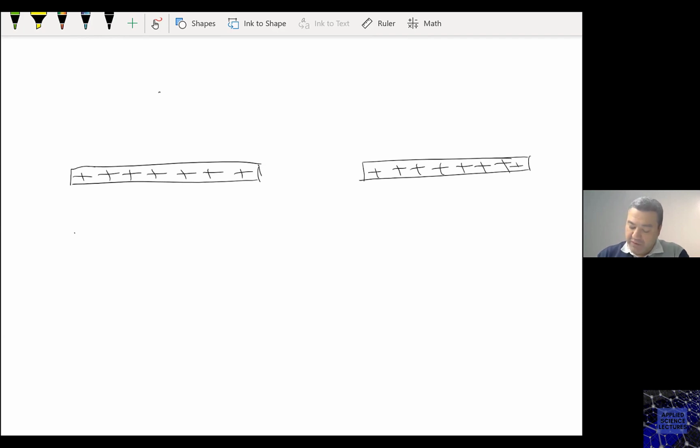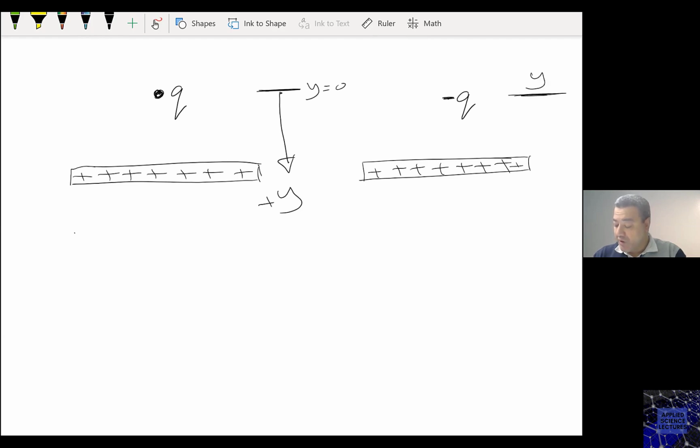And I have a positive charge here, positive Q, and I have a negative charge here, negative Q. So in this case, I will take my reference as the charge, and I will point the positive toward the plate. So this one is Y equals 0, and this one is positive Y. Same thing here. This is my reference, Y equals 0, and then pointing toward the plate.